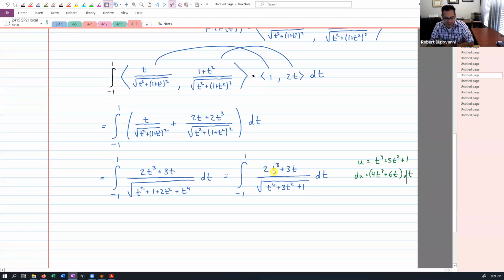And I almost have that here. If I just scale this by a half, I get exactly 2t cubed plus 3t dt. Lucky for us, this matches with this. And so we could just do a basic U sub from here. So I'm just going to say dot, dot, dot, meaning I'm not going to do the rest.